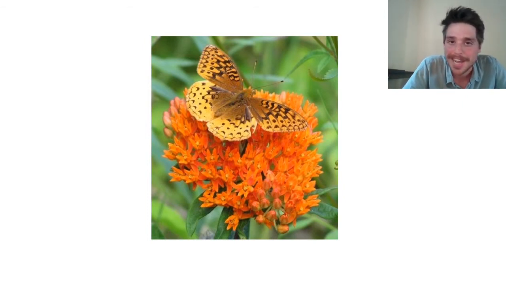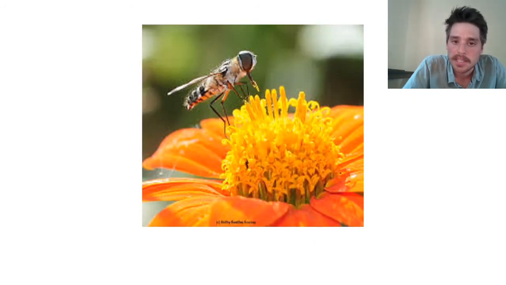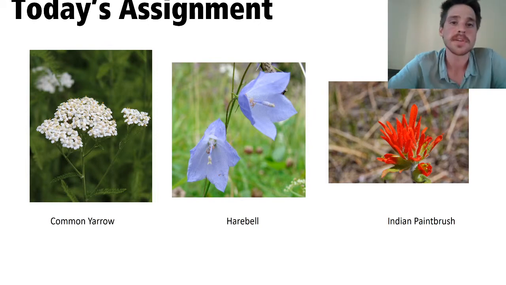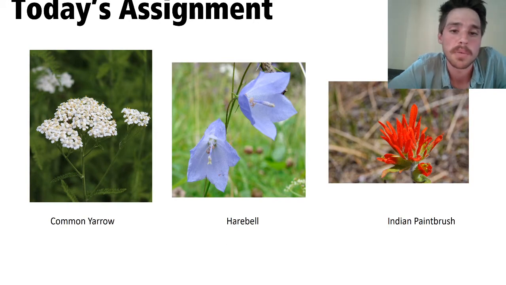So for today's assignment, it's a really brief assignment, but I've assigned a series of 3 Montana native wildflowers that you'll actually see while hiking around. I've also left the trail map in the description below if you want to go hiking and looking for some of these flowers.